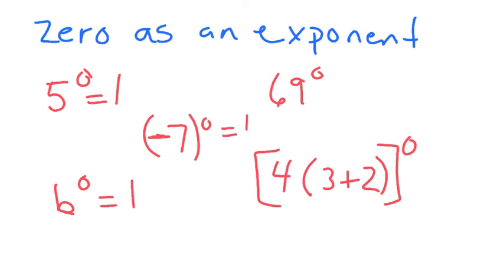Negative 7 to the 0 is 1. 69 to the 0 is 1. And this whole thing here, I don't even have to worry about multiplying and adding or doing any math because I'm seeing that 0. That whole thing is to the 0. Anything to the 0 power is going to be 1. So 0 exponents are pretty easy.